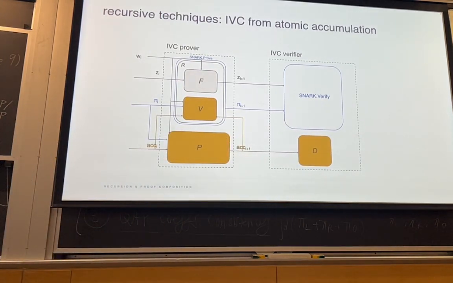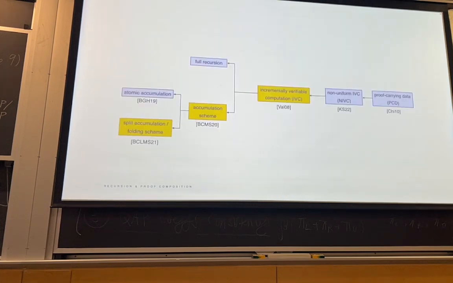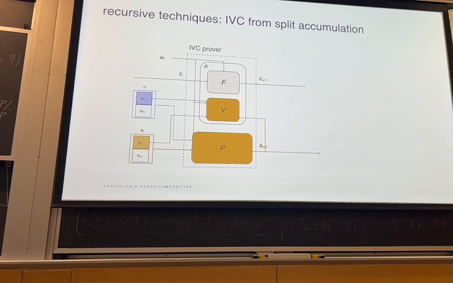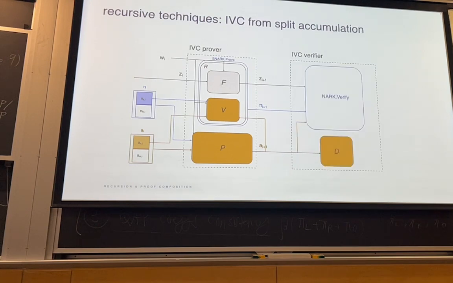And then there's a further optimization of this called split accumulation that further reduces the recursive threshold. We don't have to go into this. I will just mention that I know some people here are interested in Nova. Nova is an example of split accumulation. So in split accumulation, the requirements are further relaxed.